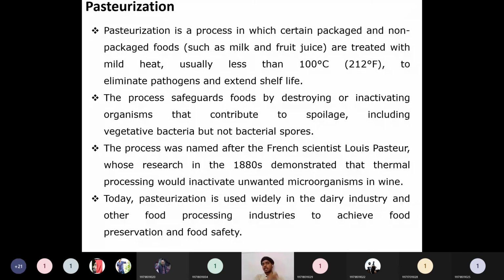But nowadays, pasteurization is synonymous with dairy products. In the early days, he conducted research on wine only. After this French scientist's name, the pasteurization process came into existence.